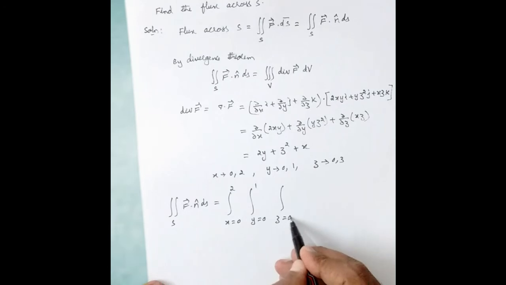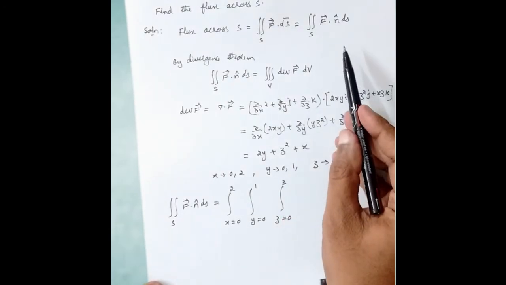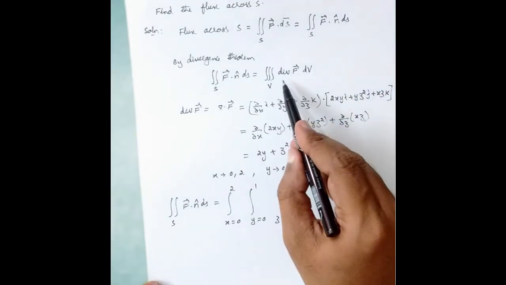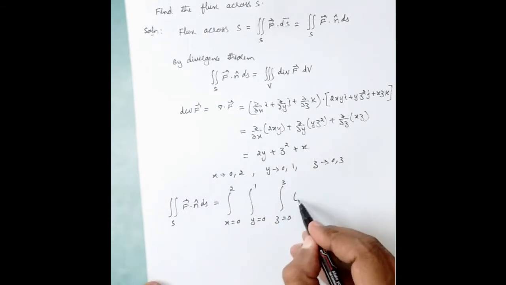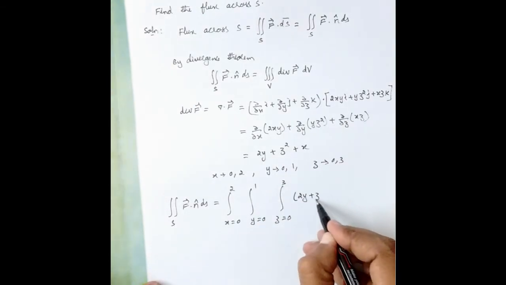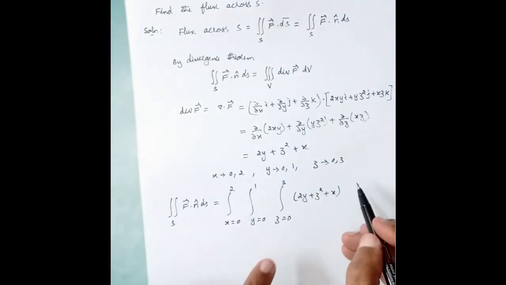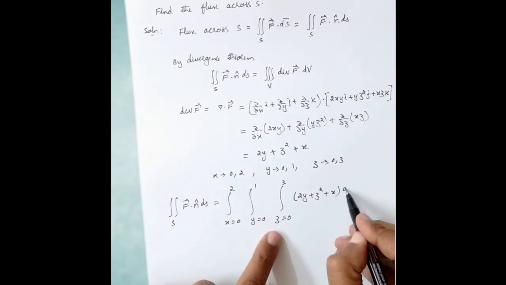The z value will be 0 to 3. And then what you have, the divergence of vector f, we have already calculated to be equal to 2y plus z square plus x into dv. dv is already known, it is dx dy dz. The inner limit value is z, therefore I'll write dz.